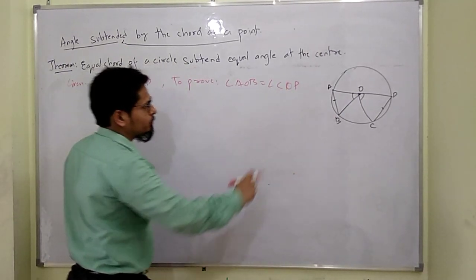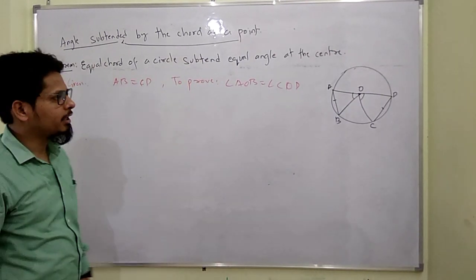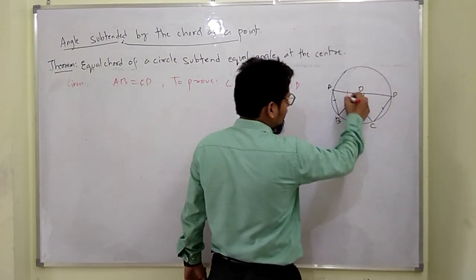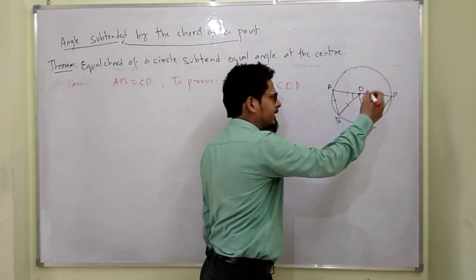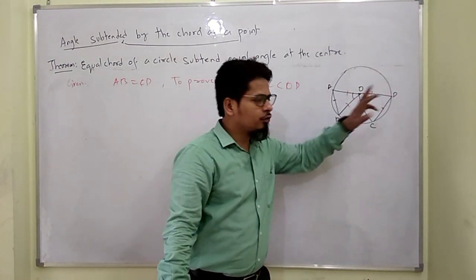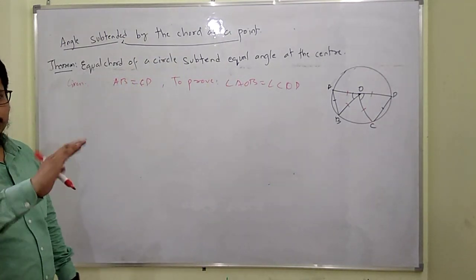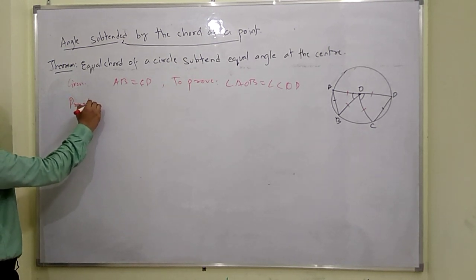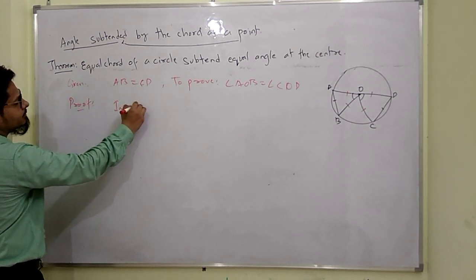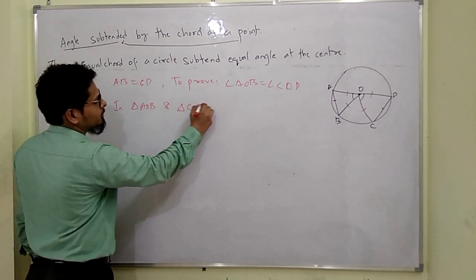This is a very simple proof, class. It is done by SSS, okay? AO is equal to OC, it is a radius. OB is equal to OD, it is a radius, and AB is equal to CD, it is given in the theorem. So by SSS, both triangles become congruent. You see here, I take triangle AOB and triangle COD.